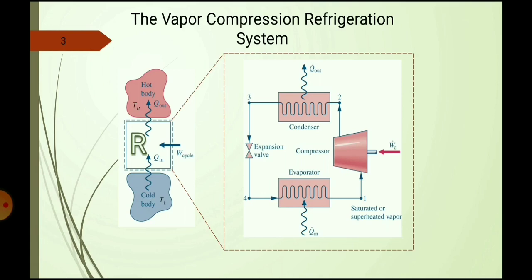In case of the VCRS, by the phase change process of refrigerant from liquid to vapor, which happens in the evaporator, and from vapor to liquid, which happens in the condenser, the refrigeration effect is produced.